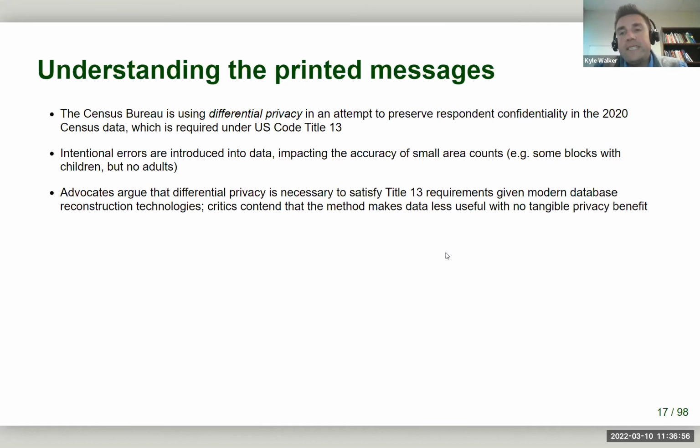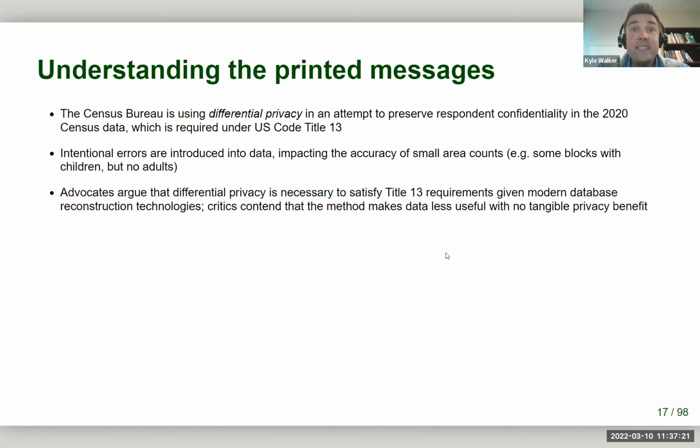So differential privacy is a concept coming from computer science that introduces noise or intentional errors into data in order to make it difficult, if not impossible, for developers or someone else to reverse engineer the census and identify individuals from census data.